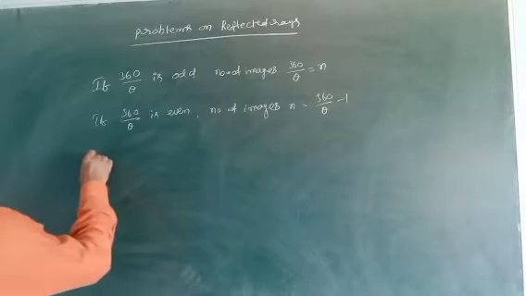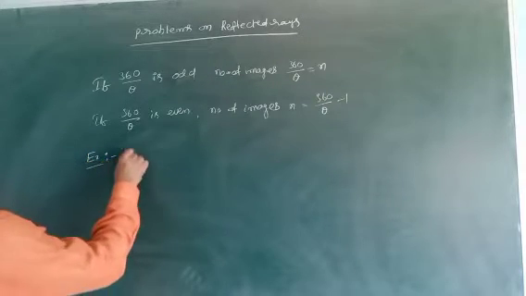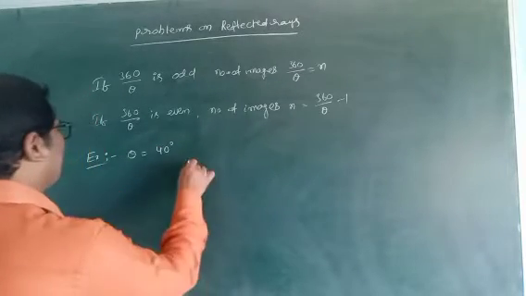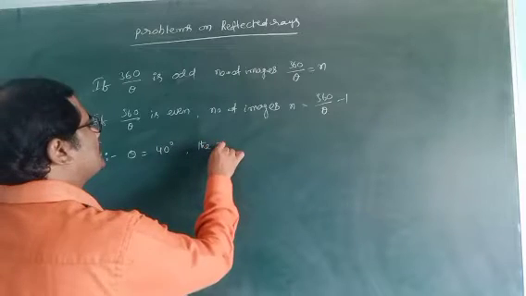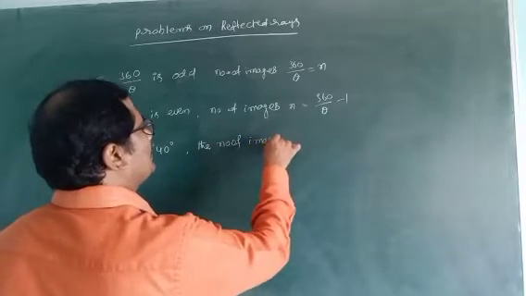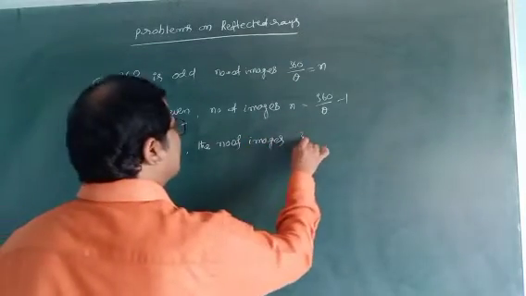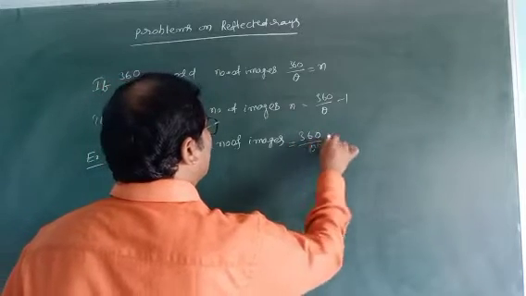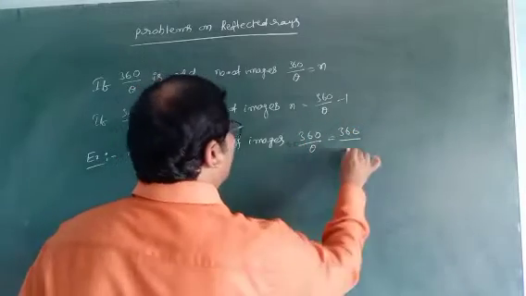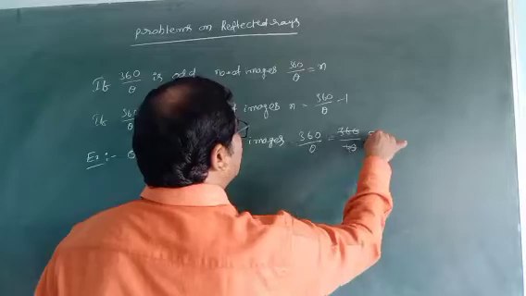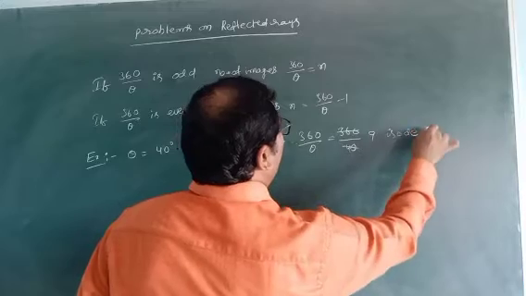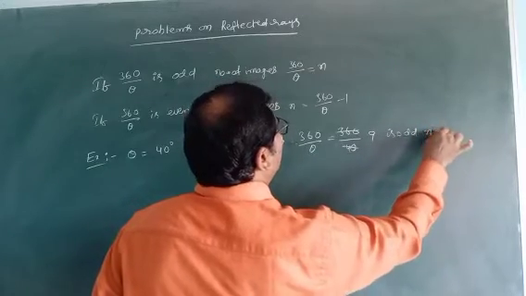Okay, this example: if theta is equal to 40 degrees, then the number of images is 360 by theta. 360 by 40 degrees is 9. 9 is odd.